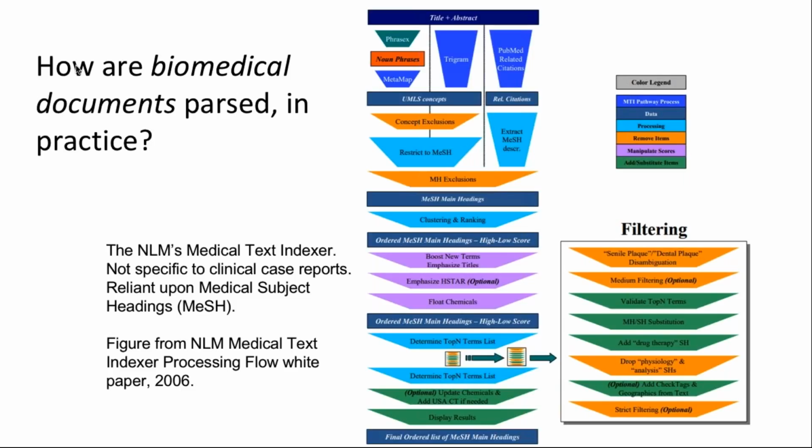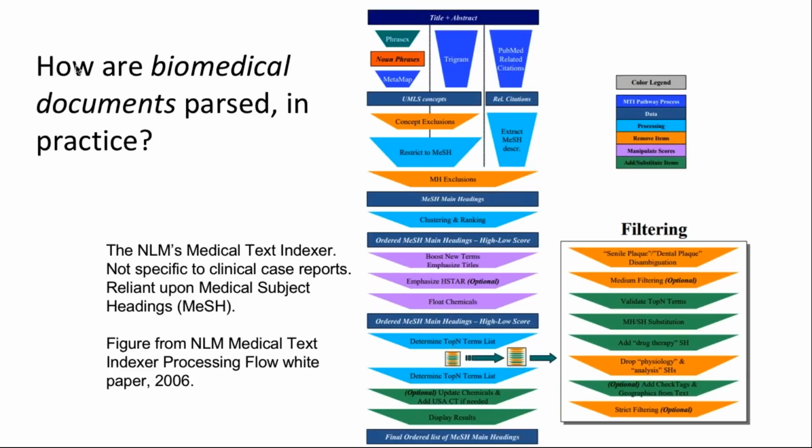So if I'm looking at a particular biomedical document and it's mostly about heart attack, but also mentions a particular drug at some point, it may miss that particular drug coming up because it's not one of the primary subject headings. Now you also notice that right at the top of the stack, there's a couple steps that are working with Phrasex and MetaMap.